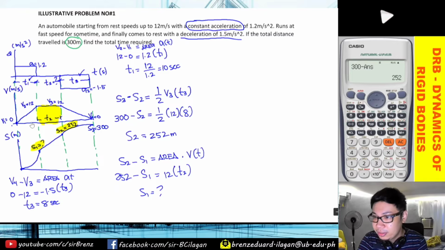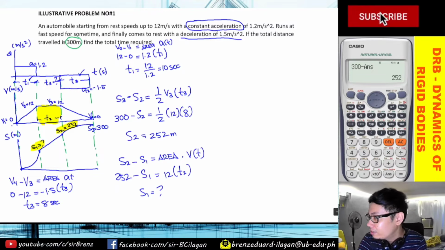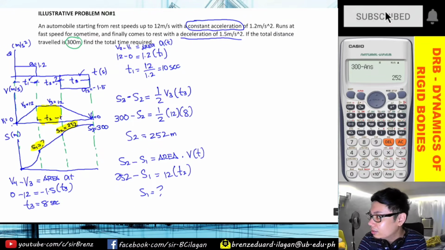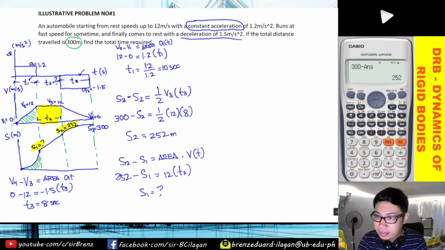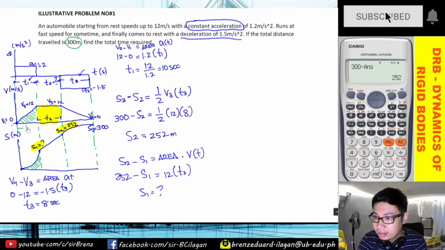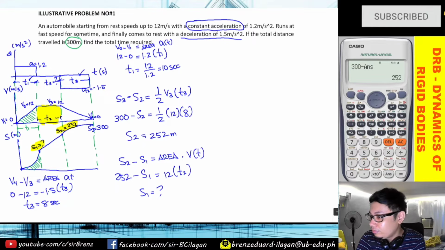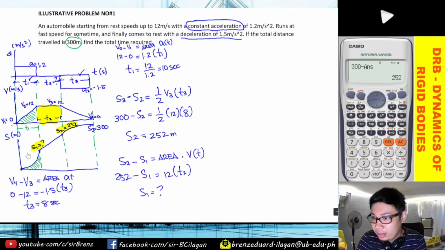So para ma-compute yung S1, ito muna pala yung kailangan natin i-consider. This one, tsaka ito. Kasi meron naman akong time T1 na na-compute natin kanina, which has a value of 10. Okay, so unahin muna pala natin to.